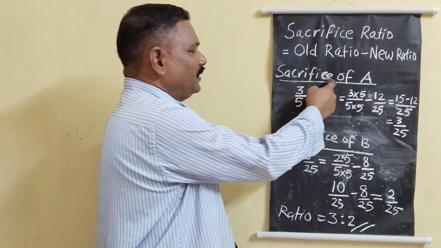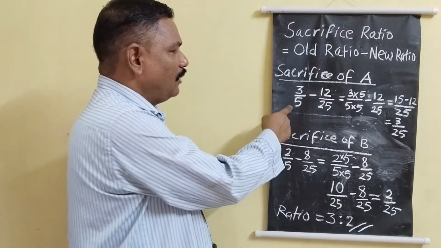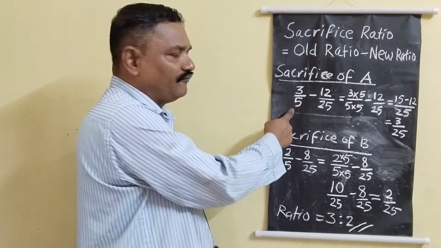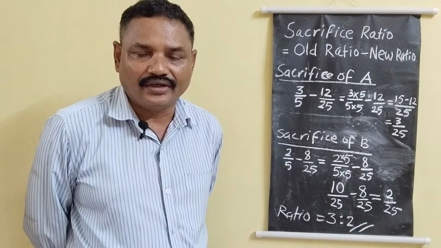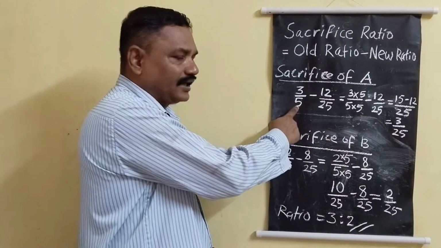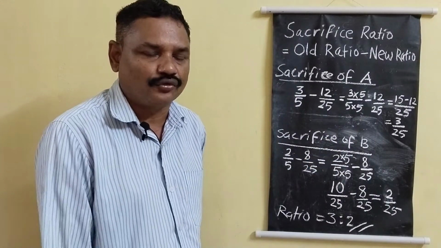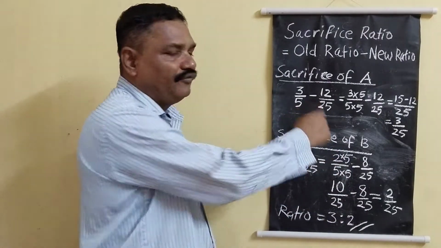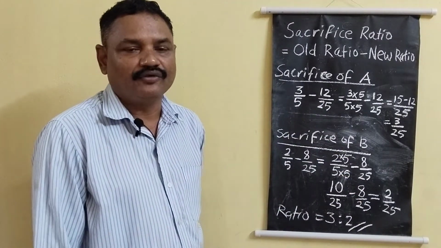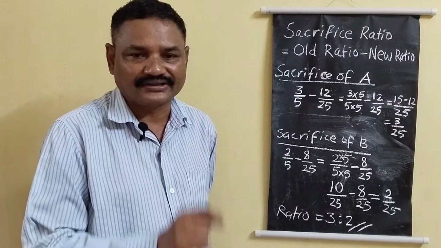Sacrifice of A: our old share of Mr. A is 3/5, because their ratio is given as 3:2. Then the new ratio we already found out by using the formula old ratio into rest of share.